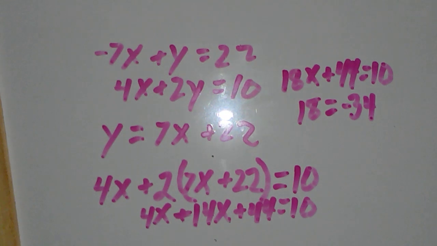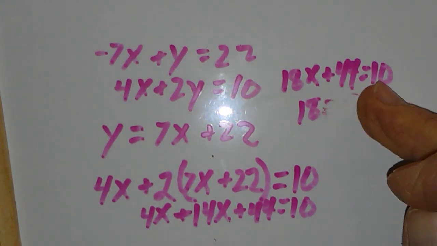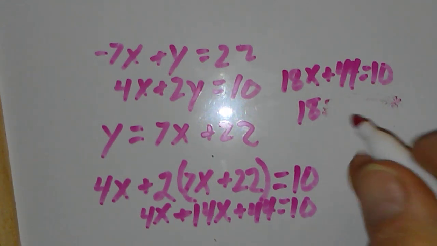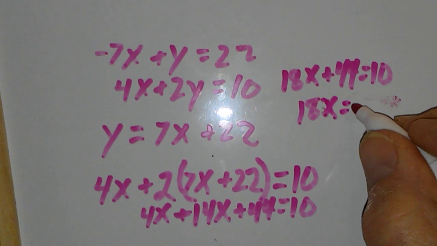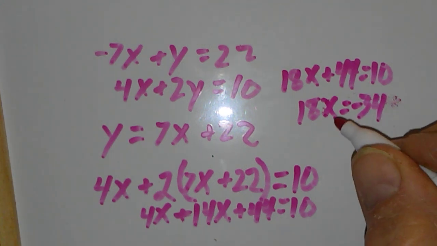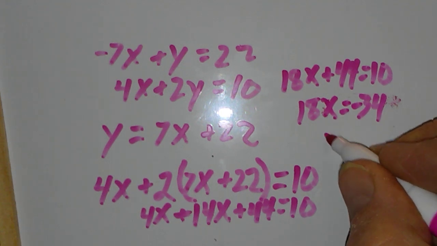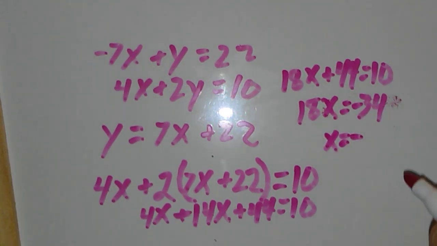I left out the x, didn't I? 18x equals minus 34. And they did not give us numbers that work out, because now I have to divide by 18. I get x equals minus 34 over 18.